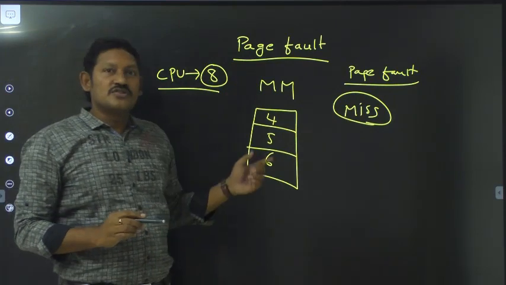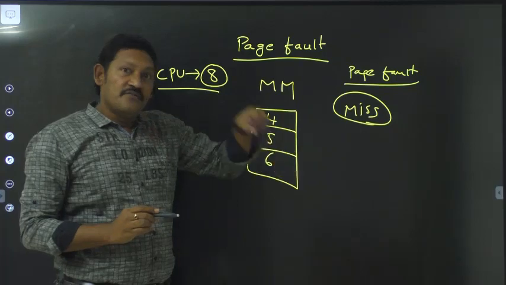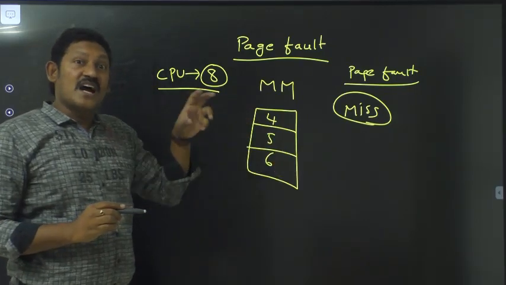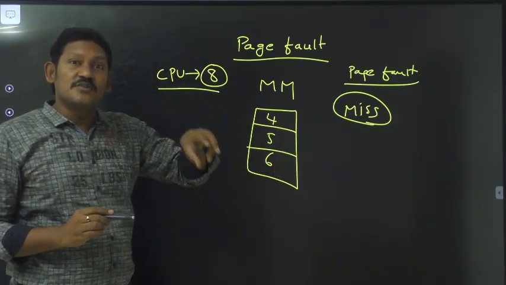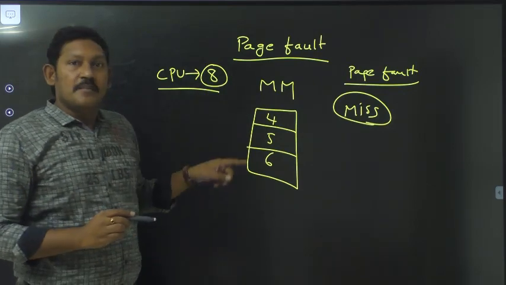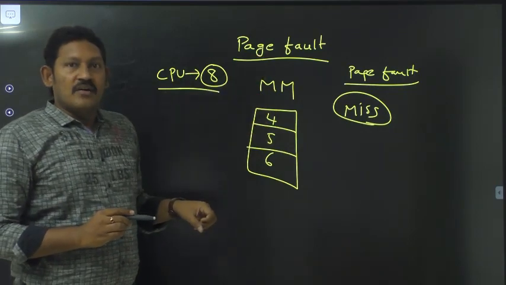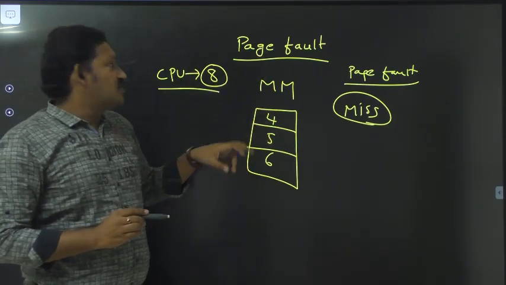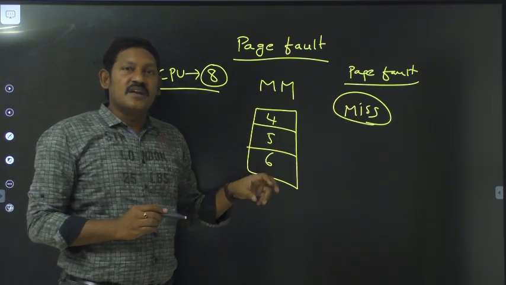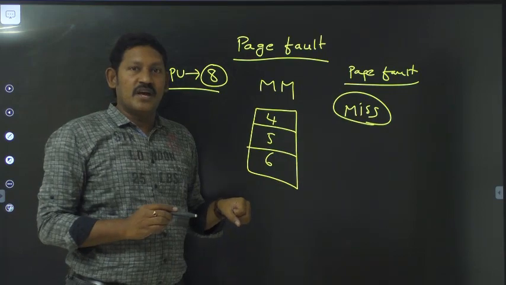If the CPU wants to fetch something from the main memory and that data is not available there, we call it a miss, or a page fault. If the data is available inside the main memory, we call it a hit.